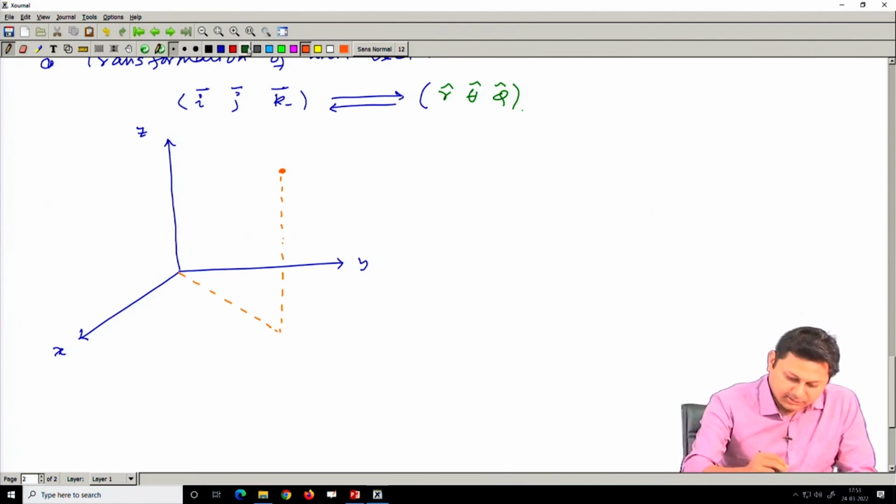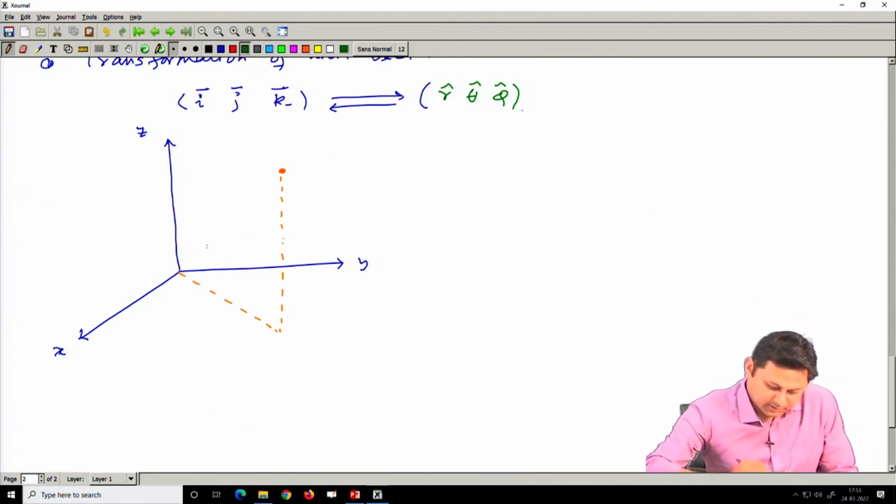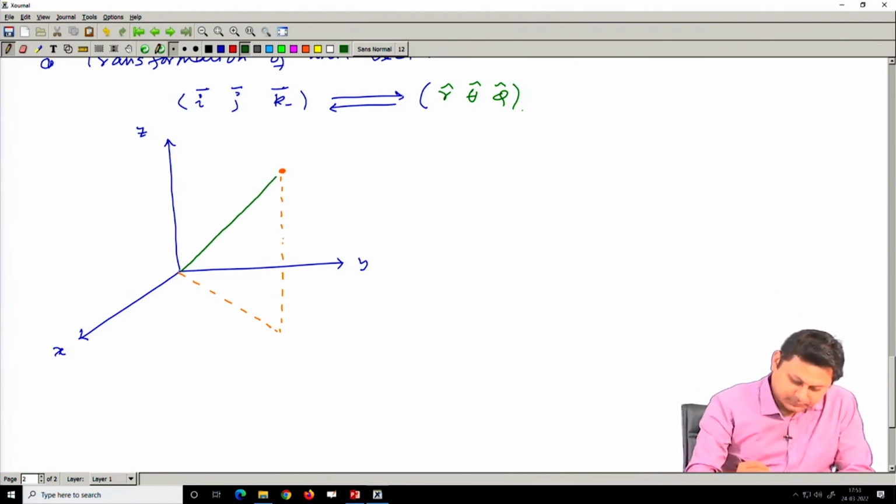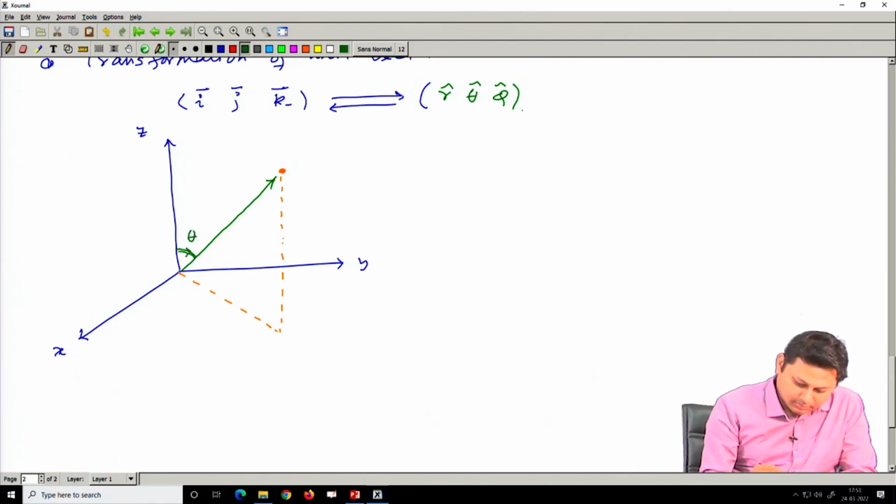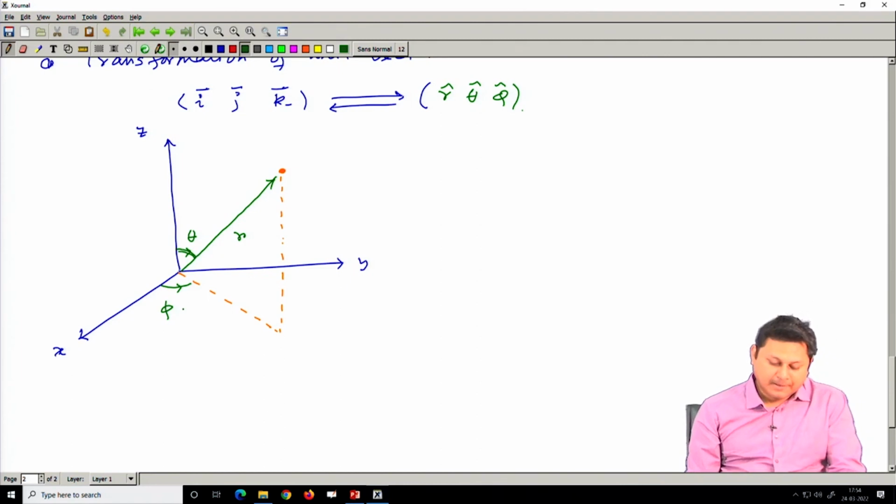Then the length from here to here is my r. This angle here is theta, and this angle is my phi. So, these are the three coordinates: r, theta and phi.